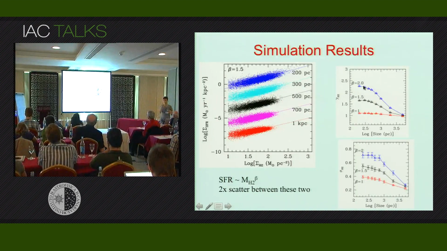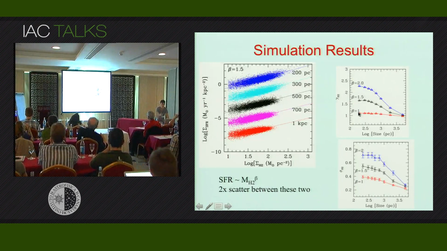These are the slopes that are recovered as a function of the logarithmic value of the size of the region in parsecs. If you start with beta equal to 2, at 200 parsecs you measure a beta of 2.3, and then you start to decrease, and you reach a value of 1 at 5 kiloparsecs.